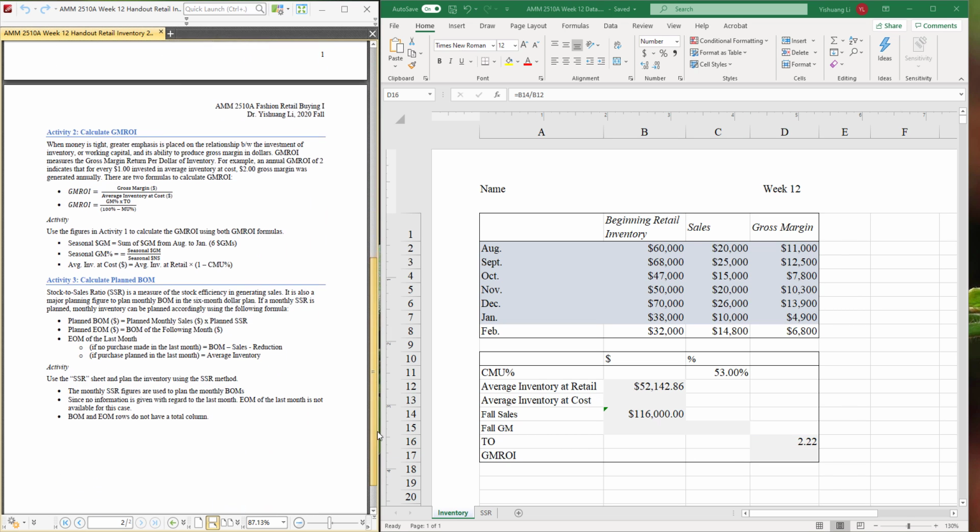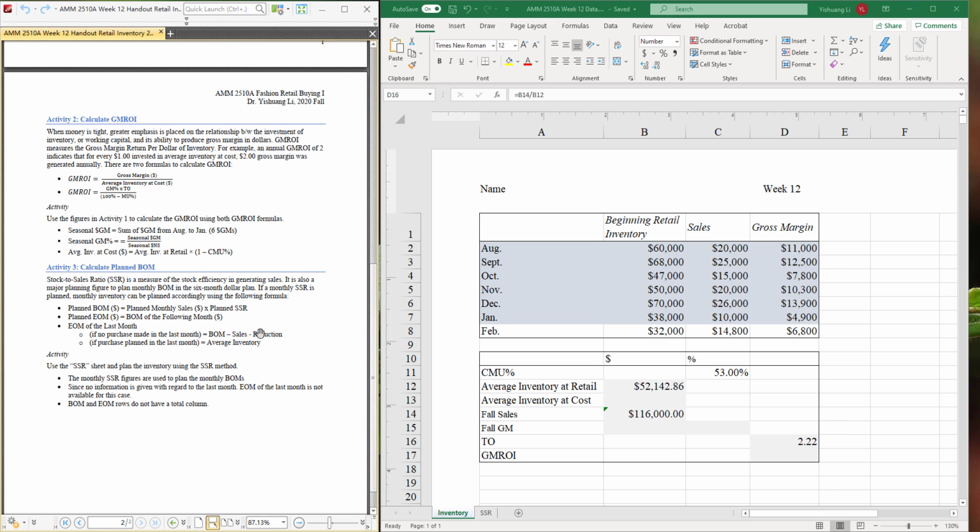Next, the second activity: we are going to calculate GMROI. By definition, GMROI equals gross margin over the average inventory at cost. So we know the average inventory at retail. To convert this number to the average inventory at cost, what we need is the markup percentage.